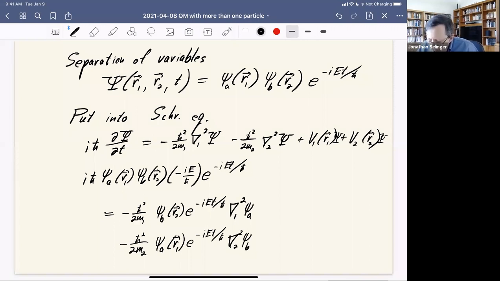Now what? Now we have the potential energy terms. With each of those, I can write it. Here, I'll put the first one on the first line and the second one on the second line. So V1 of R1 times psi A of R1 psi B of R2 is this exponential.